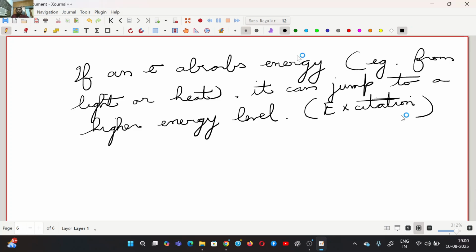Okay, so if an electron absorbs energy, for example from light or heat, it can jump to a higher energy level. That is what is known as excitation. And if it later releases energy, it falls back to a lower level.